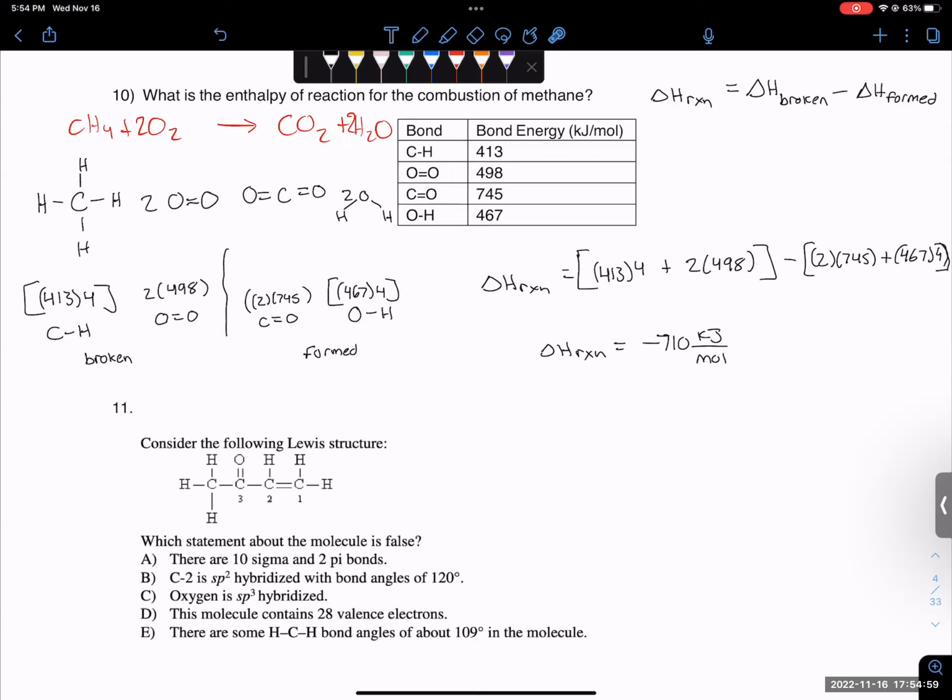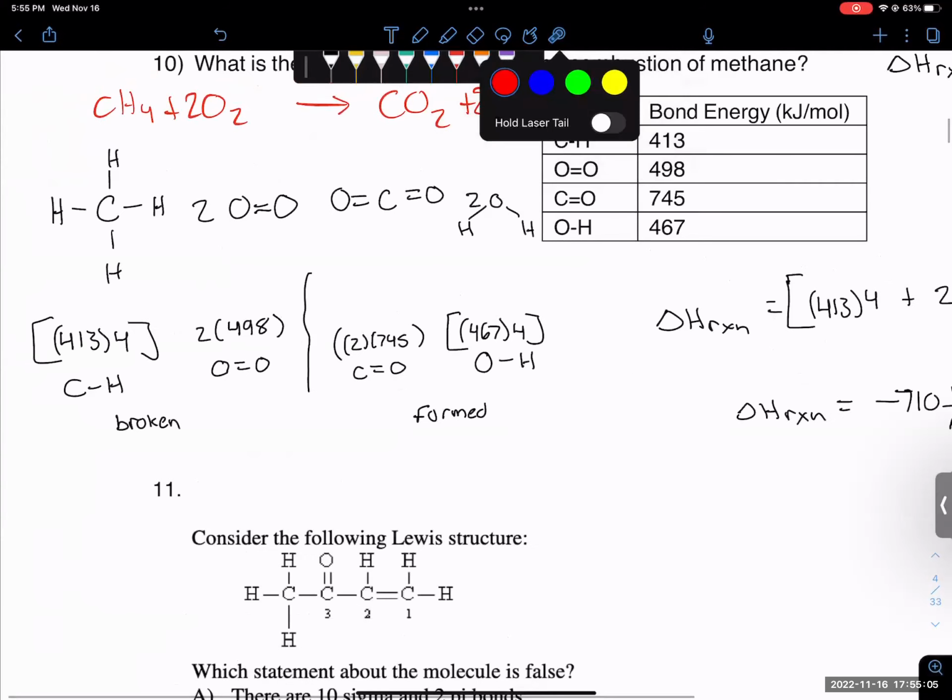If you break a bond, it's going to require 413 for the carbon hydrogen bonds. In order to break a bond, you have to add energy, so you add 413 kilojoules per mole. But if you form a carbon hydrogen bond, it's the same exact amount, just opposite in direction. Instead of requiring it, you're going to release that amount of energy.